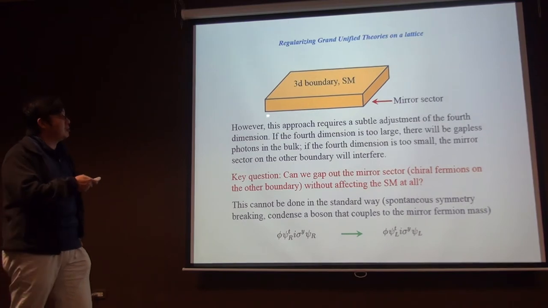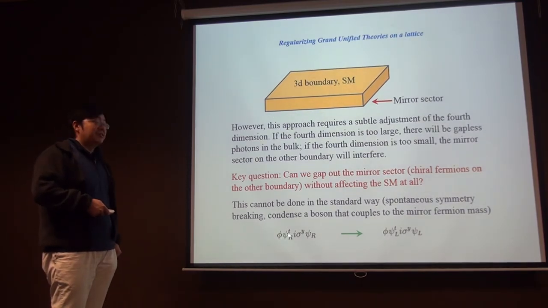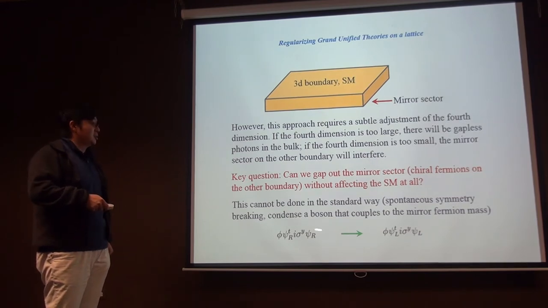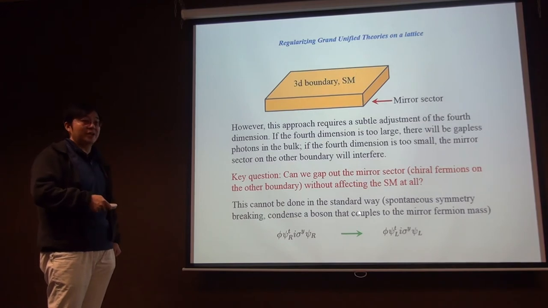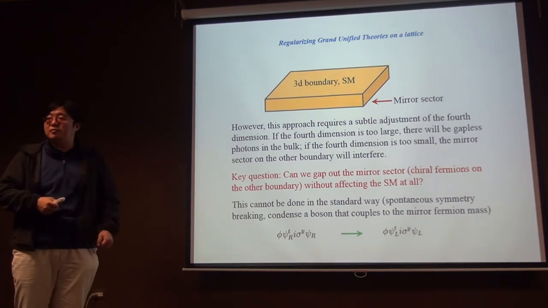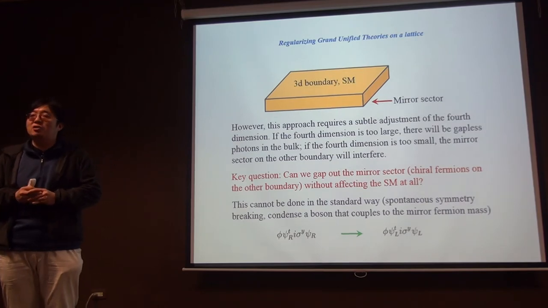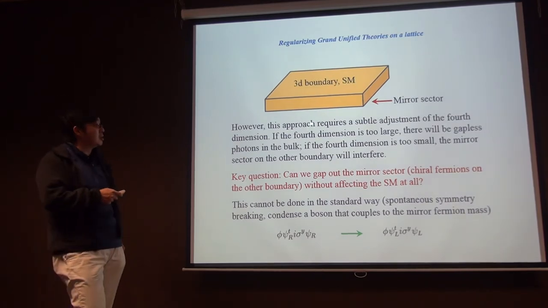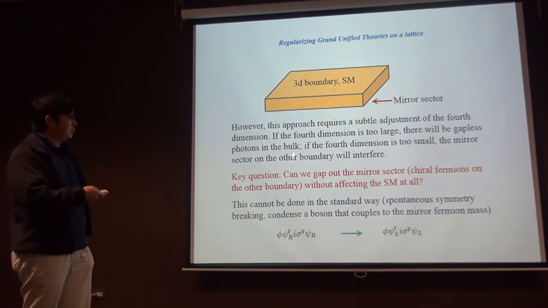It will gap out the mirror sector completely. However, nothing forbids this phi from also coupling to the top surface. The phi will also couple to the top surface and gap out the top surface immediately, no matter how small phi is. As long as phi gaps out the bottom surface, it also gaps out the top surface. Okay. So in condensed matter, we call this the proximity effect.